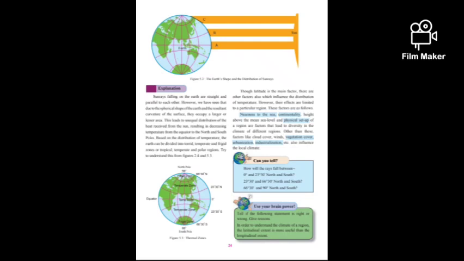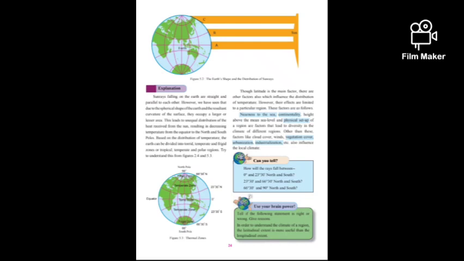And near the temperate zone and frigid zone, the sun rays fall slant and the area occupied is more. Since the sun rays are slant, the heat received by this portion is less.